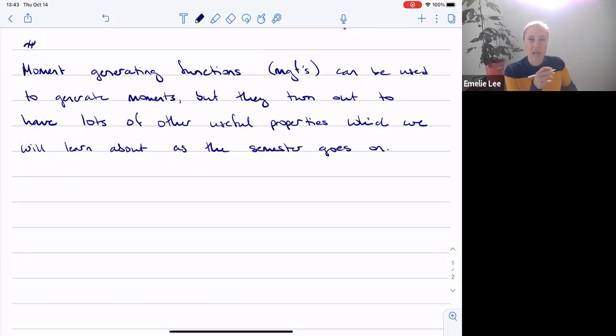Right, so as we progress, we will come back to the MGF, and we're going to talk about it some more, and we're going to develop it some more. Okay, and so the reason we like the MGF is because it's easier to learn about a distribution using the MGF, the moment generating function, than it is about the PDF or the PMF.